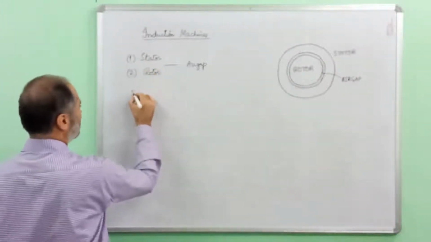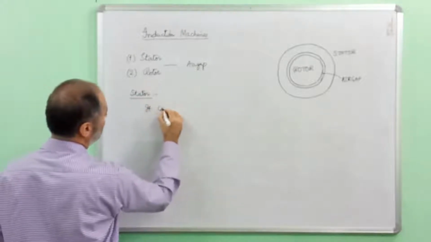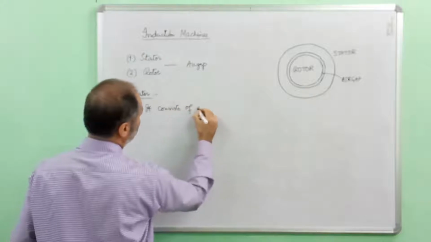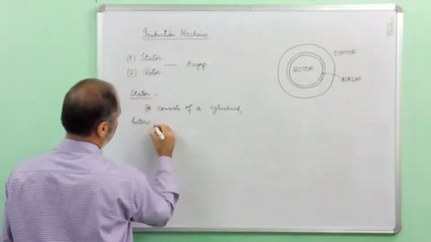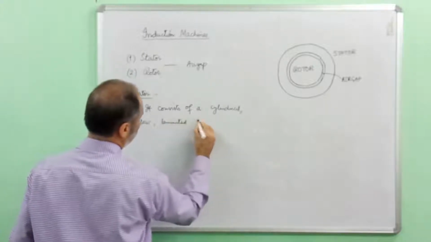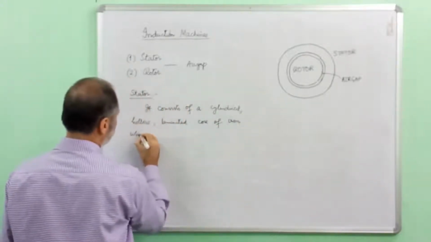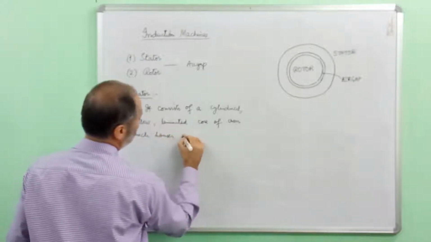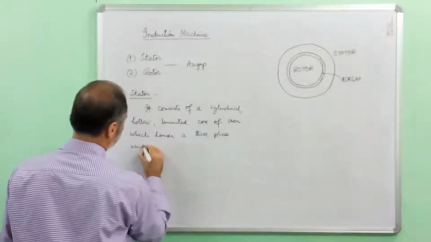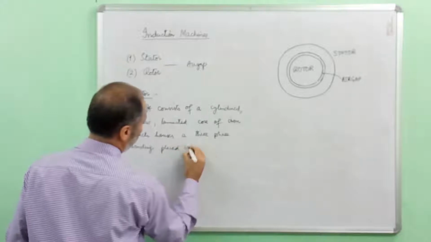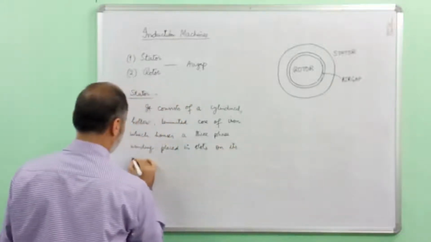Now, as far as the stator is concerned, it consists of a cylindrical, hollow, laminated core of iron which houses a three-phase winding placed in slots on its inner surface.